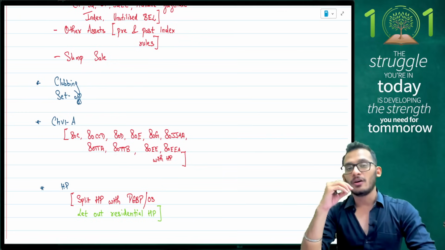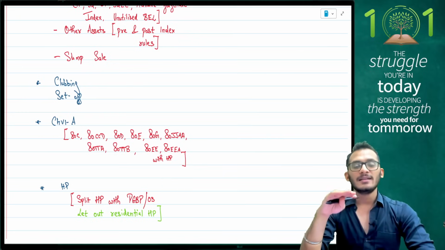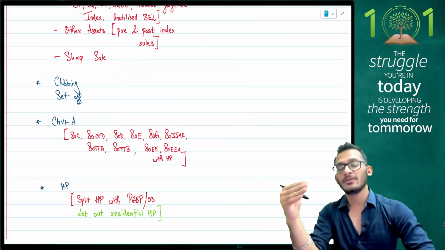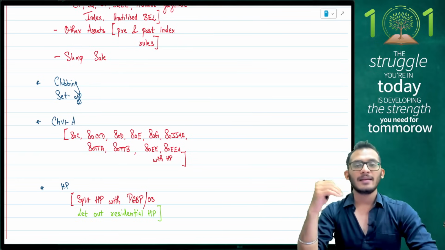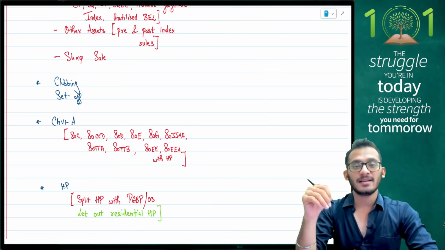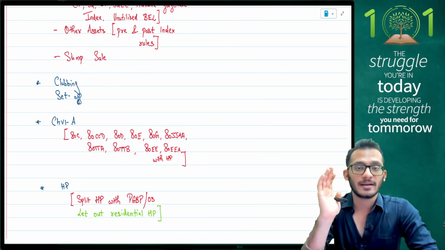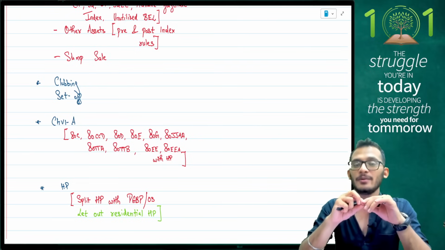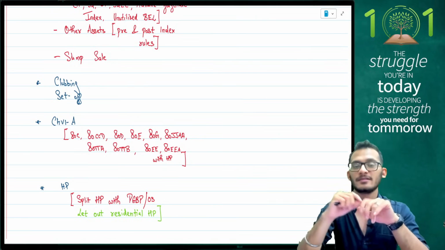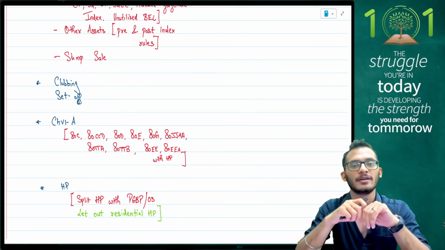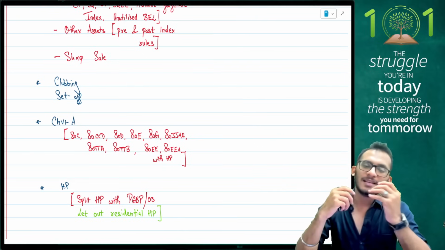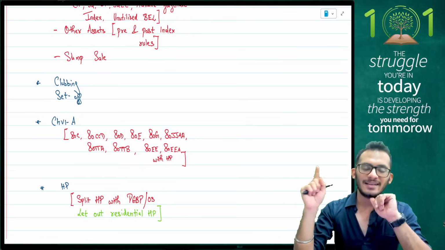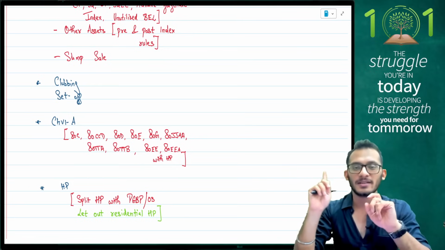ICAI ended up giving a horrible question in the case study scenario, in such a way that after they gave the question, they realized they had given so many different variations and combinations that they had to come out with the case study suggested answers and clarify that none of the options were correct. Every student literally got 6 marks grace in May 2025 because they played with this adjustment and made a horrible mistake on it. And therefore, ICAI would like to correct their mistakes in the September attempt is what my gut feeling is. Therefore, 80EE and 80EEA should be read along with the HP rules.